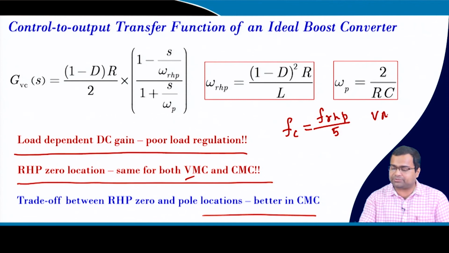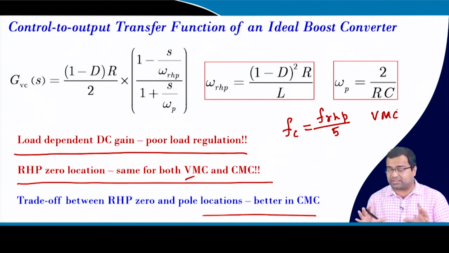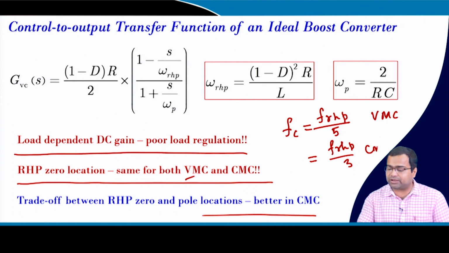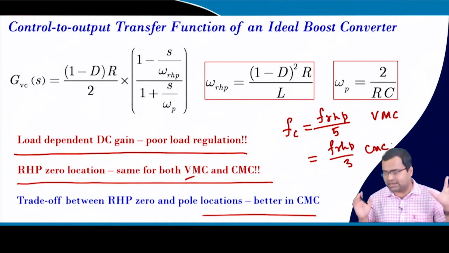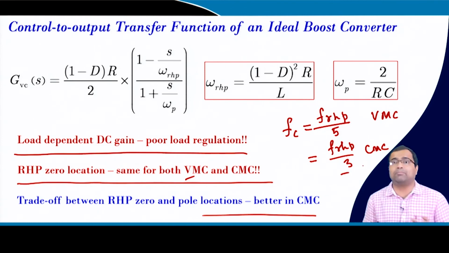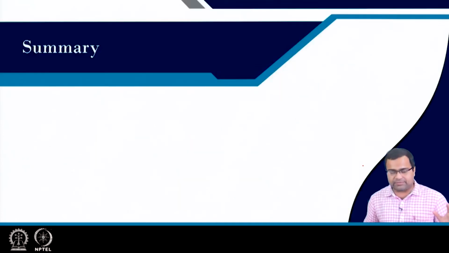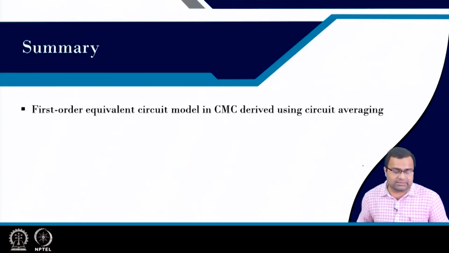This is for VMC, a standard kind of thumb rule, but we will come through our analytical design process to why it is so for a conservative design, whereas in current mode control F RHP by 3 may be a reasonable choice, and that also will come through the analytical design process for a boost converter. So, we can get a better trade off or bandwidth using current mode control, but it cannot get rid of the RHP 0 behavior.